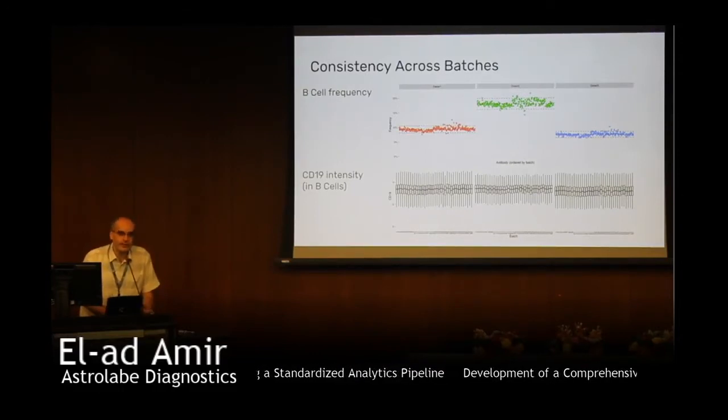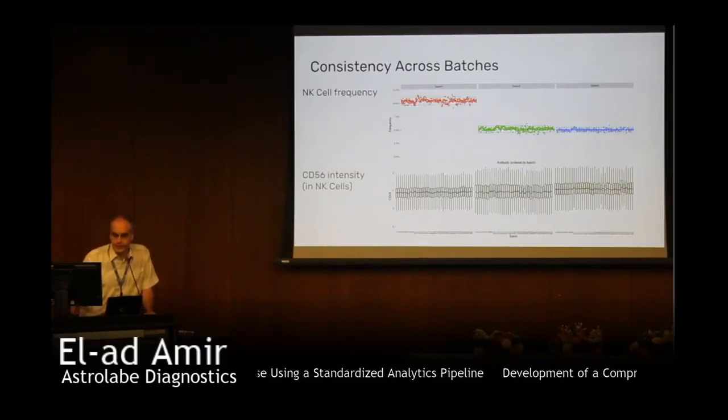Again, there are always fluctuations, but overall the donors are the same across the entire sample acquisition. At the bottom of the figure, you see the CD19 intensity in the B cells, and this is by batch. This is not by sample. So there are 38 bars, and once again, you see that the signal of CD19 across the B cells is amazingly consistent across this month-long acquisition.